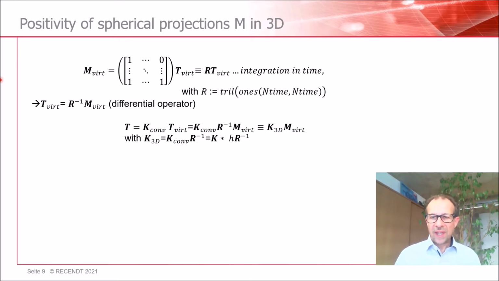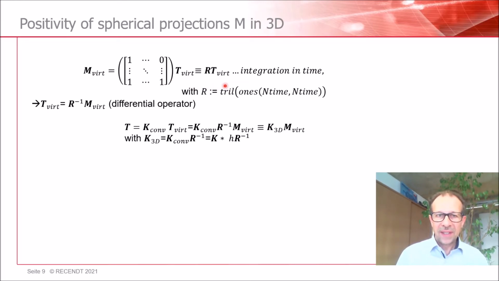Of course, if you take a pressure signal, then even if the initial pressure distribution is always positive, the pressure signal itself is not positive. It goes also to the negative values. But if you take the integral, the integration over time, what's shown here with this m, then you will see that it's something like the velocity potential of an acoustic wave, and this velocity potential is always positive.